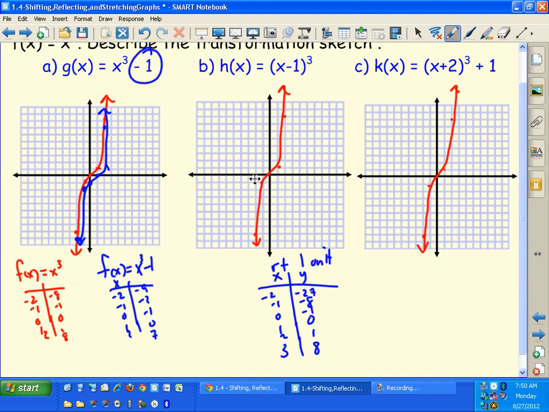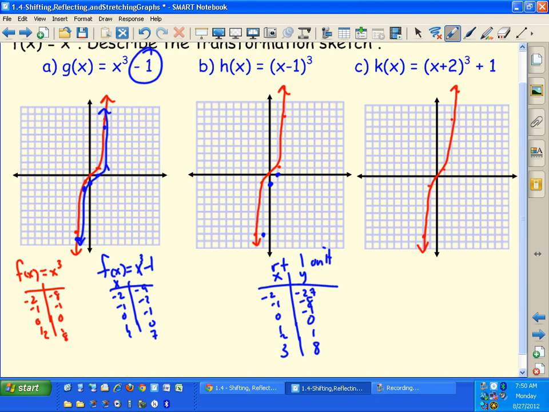So I'm going to start at negative 1, and this time I'm going to go down 8, right there. At 0, I'm at negative 1, so right there. At 1, I'm at 0, and at 2, I'm at 1.